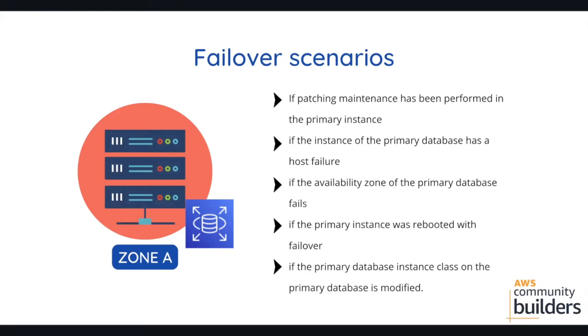The third one is if the availability zone of the primary database fails, for example some natural calamity or power failure happens in that availability zone. Then it will go to the next available zone. The fourth one is when the primary instance is rebooted with a failover. It happens sometimes, because we have seen scenarios where, when we reboot, it is sometimes not able to restart.